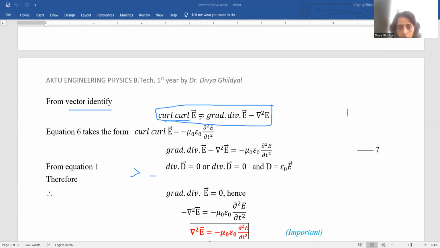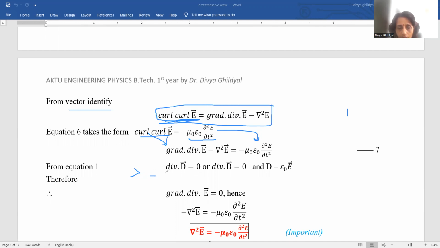Now we will use curl curl E equal to gradient divergence E minus del 2E. And in this expression, which we just derived above, instead of curl curl E, I will write gradient divergence E minus del 2E is equal to minus mu naught epsilon naught del 2E by del T2.